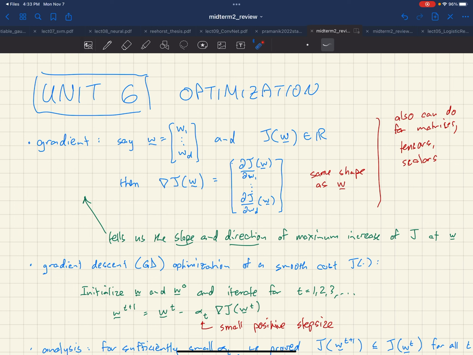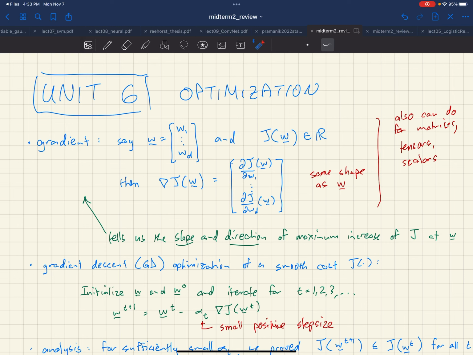In each location it looks at a partial derivative: in the first location, the partial derivative of J with respect to the first parameter entry, the second would be the partial derivative with respect to the second parameter entry, and so on, all the way down to the last one. So this is the gradient, and it's a very useful quantity for optimization.